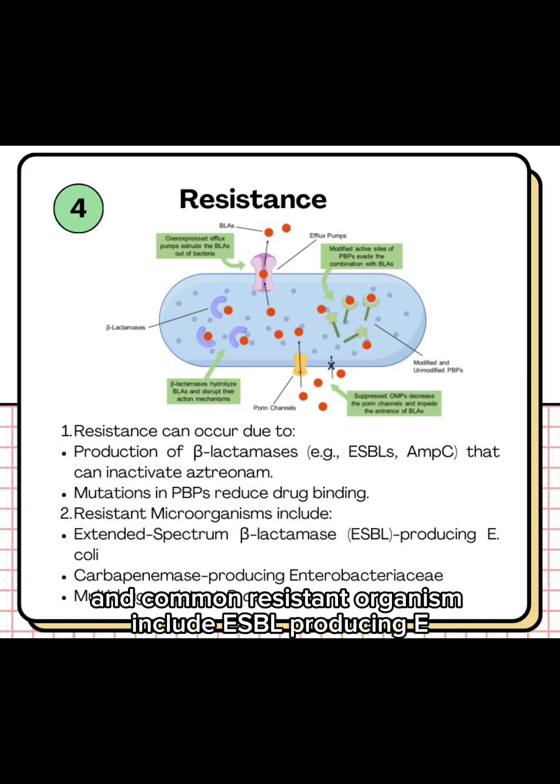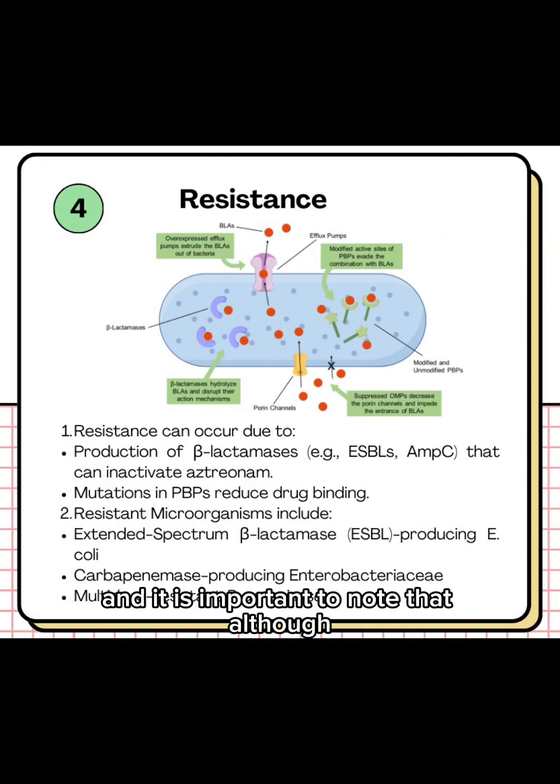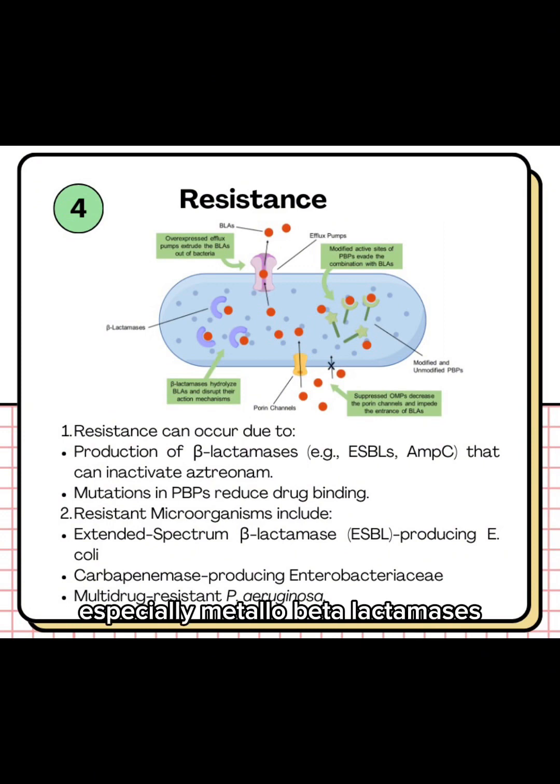Common resistant organisms include ESBL-producing E. coli, carbapenemase-producing Enterobacteriaceae, and also multidrug-resistant Pseudomonas aeruginosa. It is important to note that although Aztreonam is often stable to many beta-lactamases, some enzymes, especially metallo-beta-lactamases, render it ineffective.